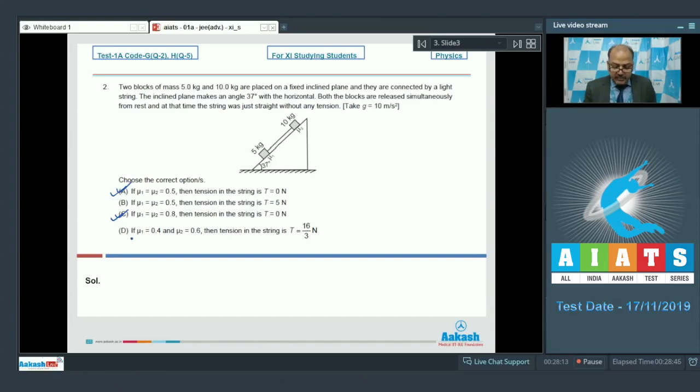Option D says if mu1 is 0.4 and mu2 is 0.6, then tension in the string is this much. So this we have to calculate. Let's calculate now.